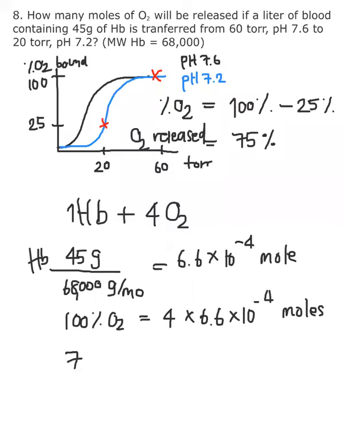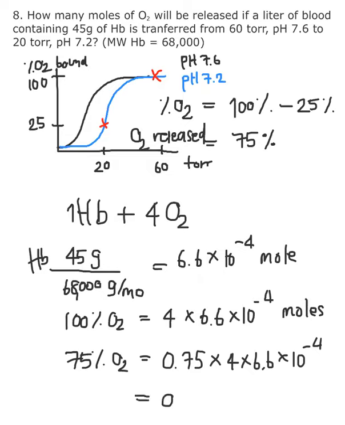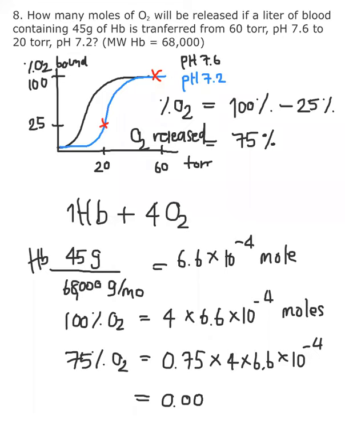So you can calculate 75% of oxygen by multiplying this value by 0.75, and then you get the amount of moles of oxygen that is being released. Approximately, it is 0.002 moles. And this is the answer.